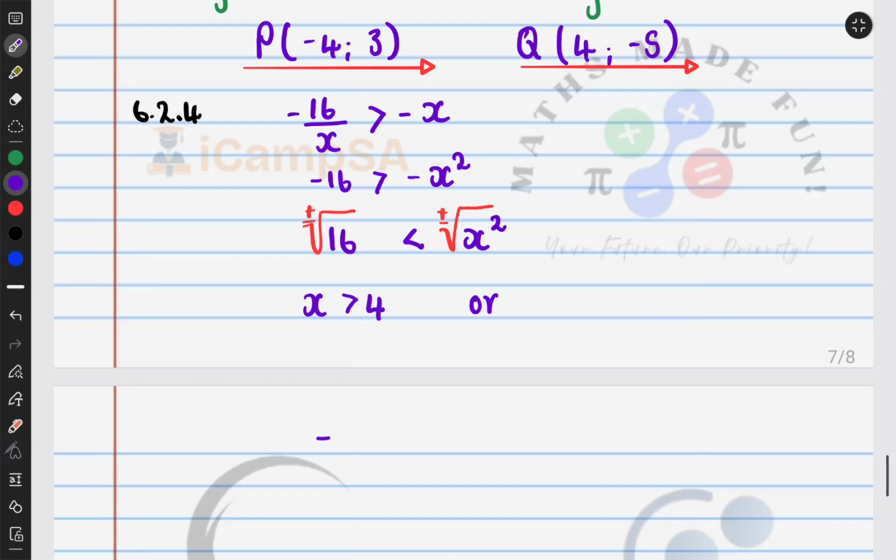Essentially, this will be negative 4 less than x. Okay, let's see. Yeah, I think it's going to be those values of x where x is greater than 4.